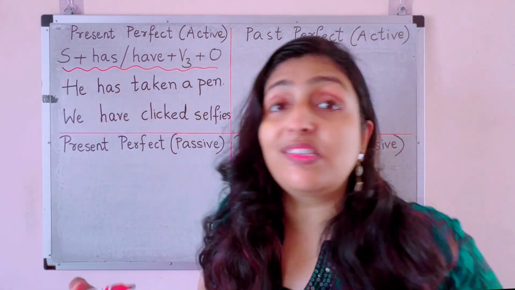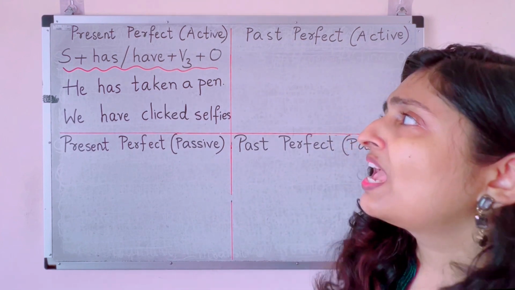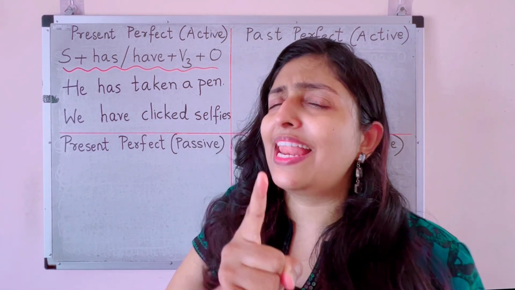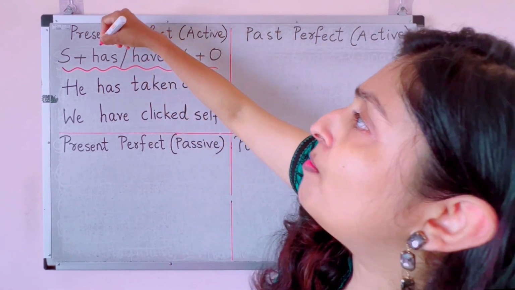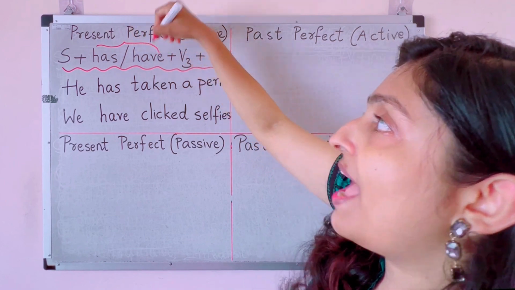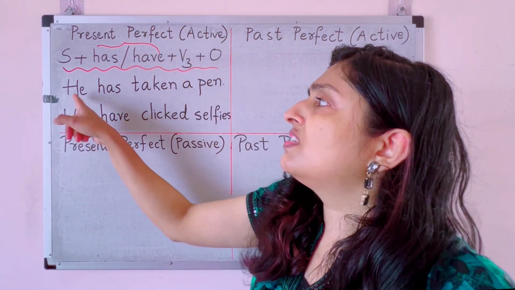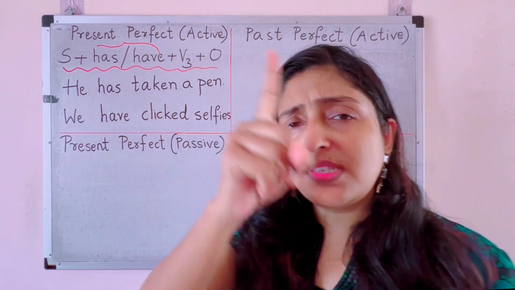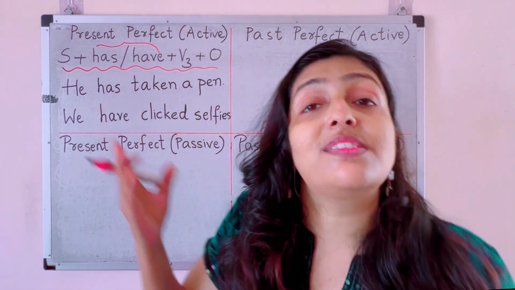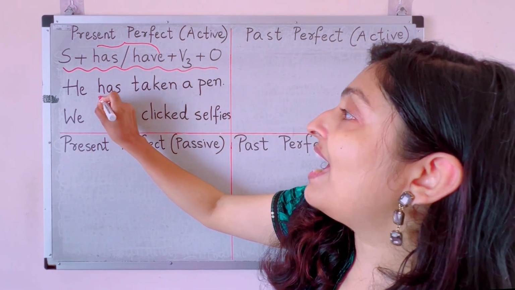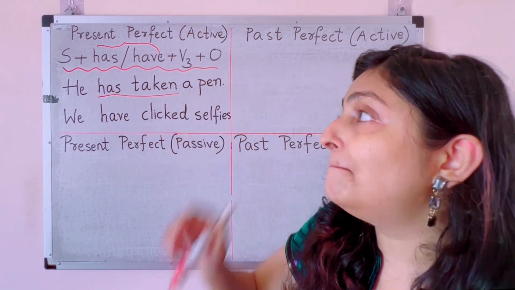Now he is the subject as usual, and you have to select one auxiliary from has or have. Since the subject is single unit, singular, I chose has. He has taken a pen.